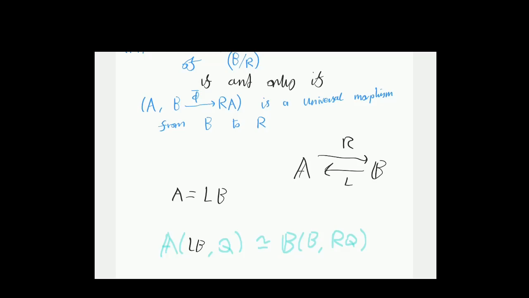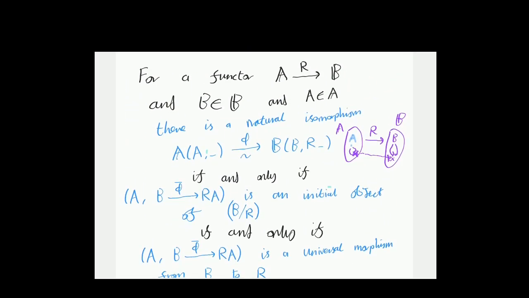Does it remind you of anything? It should hopefully remind you of the definition of adjoint functors. L is the left adjoint to R if and only if we have this type of isomorphism, natural in B and Q. But we can see where this is coming from now, using this result.